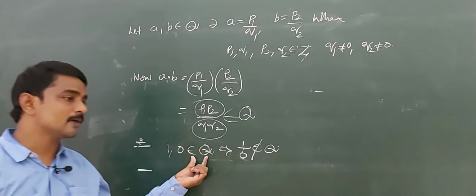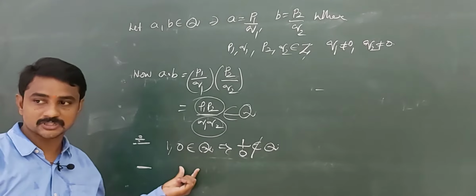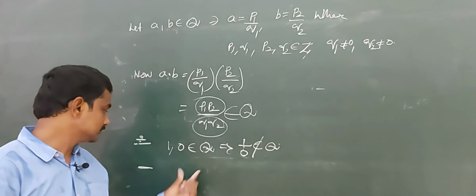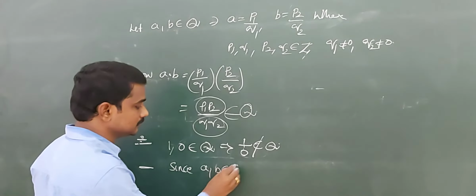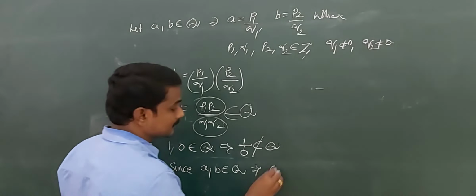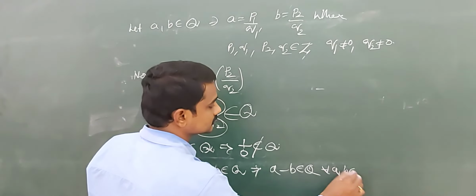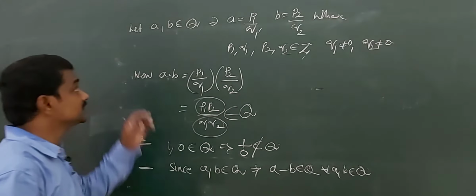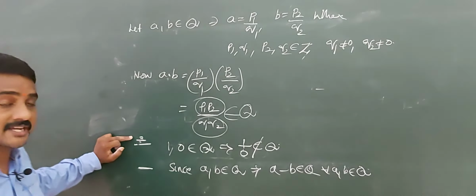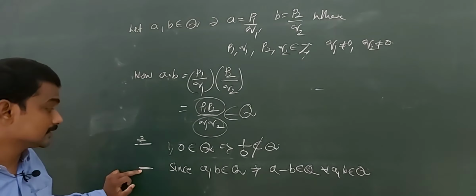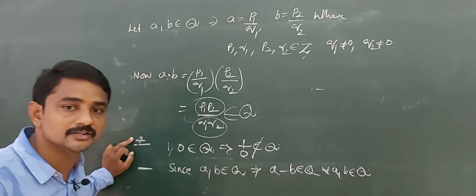Subtraction is a binary operation on Q, since a, b belonging to Q implies a minus b belongs to Q for all a, b belonging to Q. So addition is a binary operation on Q, multiplication is a binary operation on Q, subtraction is a binary operation on Q. Division is not a binary operation on Q.